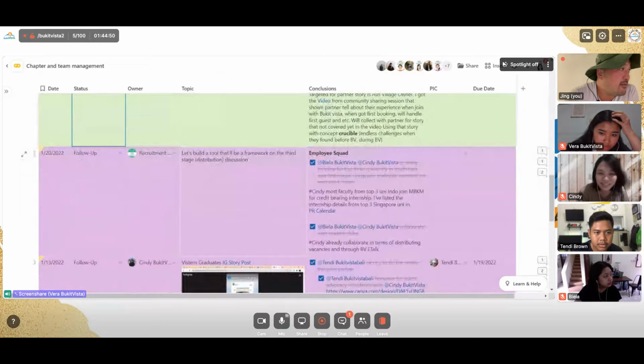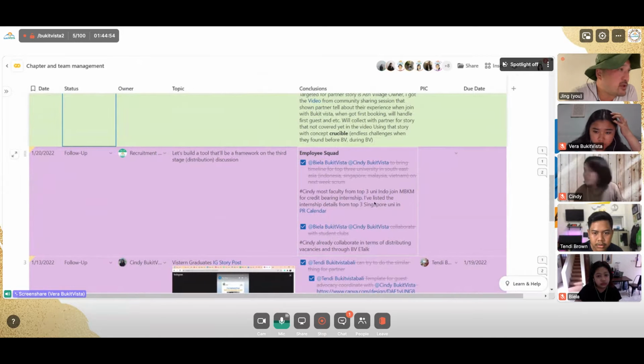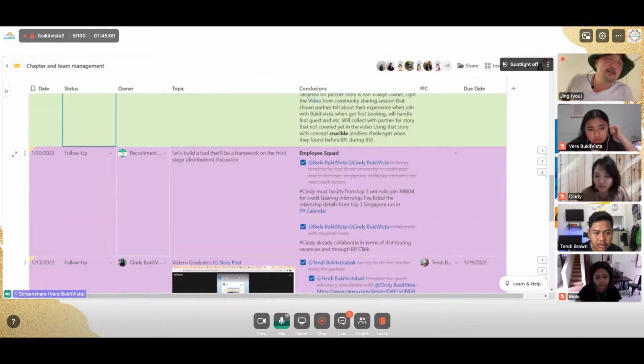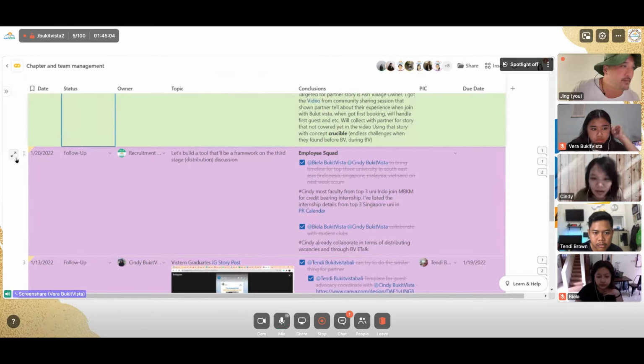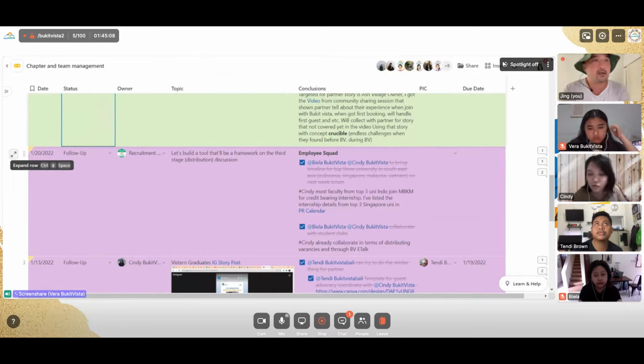Okay, it's from me. Framework on the third stage distribution. Let's go to Cindy first. Okay. So for the updates, we've done the PR calendar, and we also integrated it with our awareness calendar, which is about the content posting.